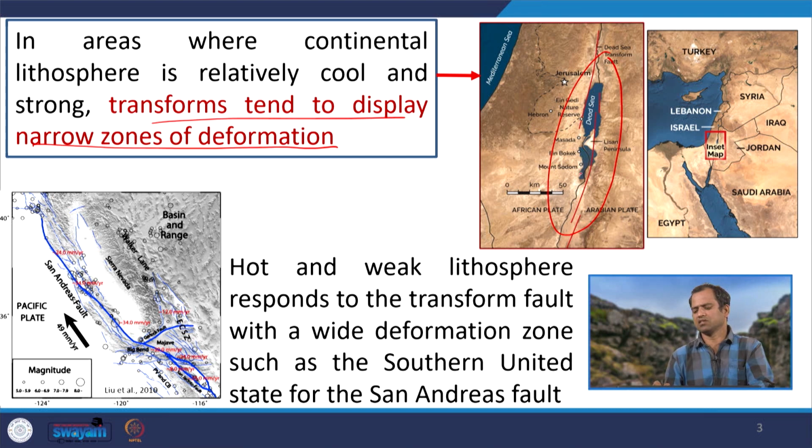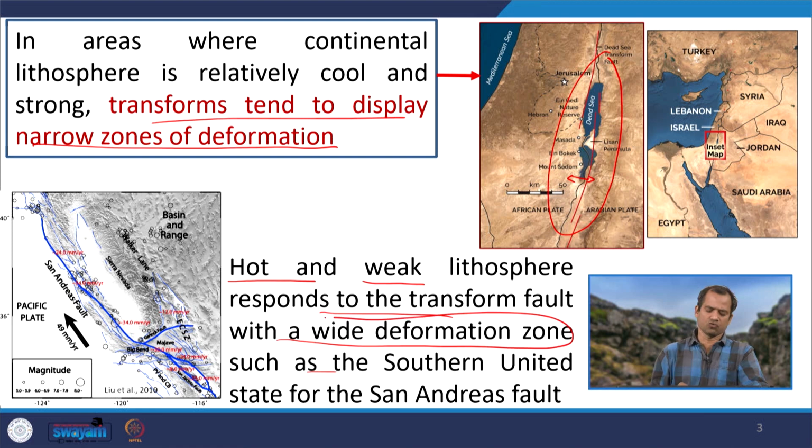That means its width will be less and a number of pull apart basins will develop along this transform fault. In contrast, suppose we have a continental lithosphere which is hot and weak, like this Basin and Range province or the southern part of America, where the transform fault with a wide deformation zone will develop.